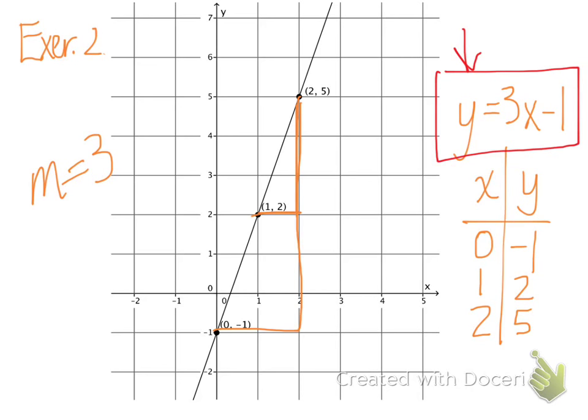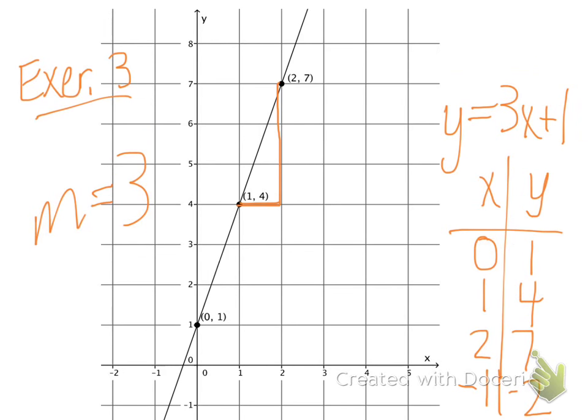Notice that the slope of this line was 3, and there's m in this equation right there. Let's look at the next one, y equals mx plus b. The m is the multiplier on the x term, and the slope is equal to that value.